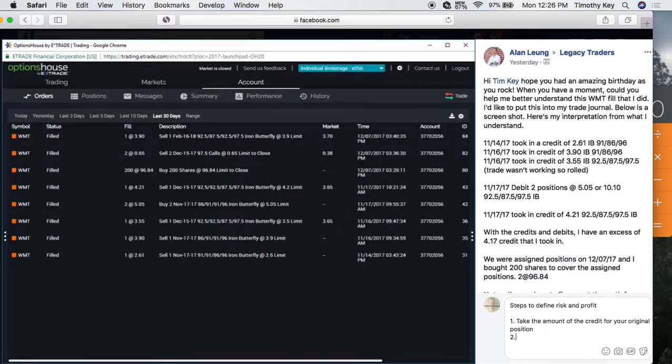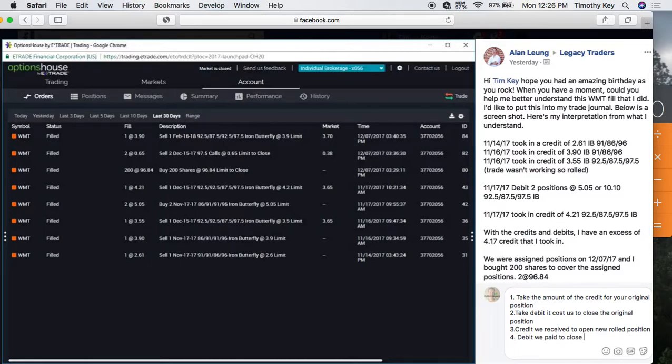Step 2, we're going to take the debit it cost us to close the original position. Step 3, we're going to take the credit we received to open the new rolled position. Step 4, can you guess what we're going to do? We're going to take the debit we paid to close the rolled position.